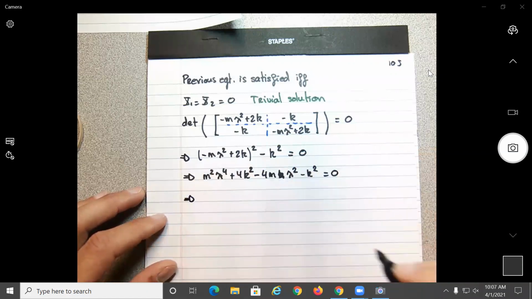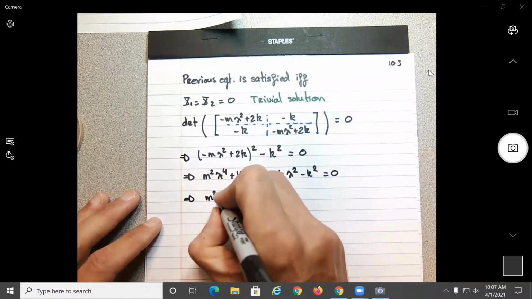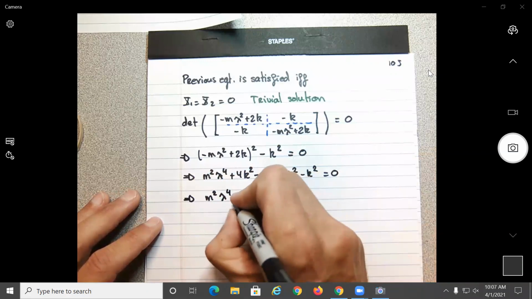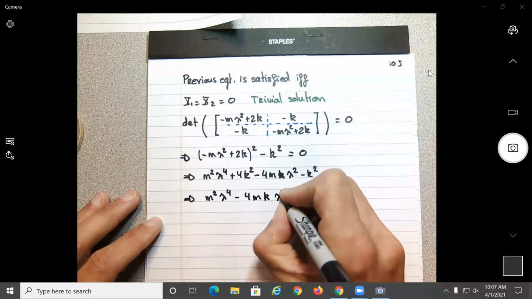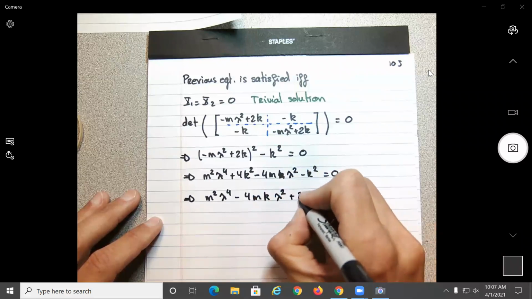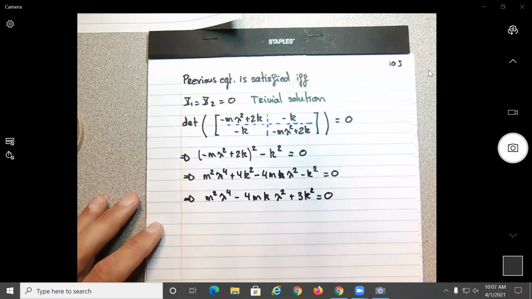So we're going to get here the equation m squared lambda to the 4th minus 4mk lambda squared plus 3k squared equal to 0.